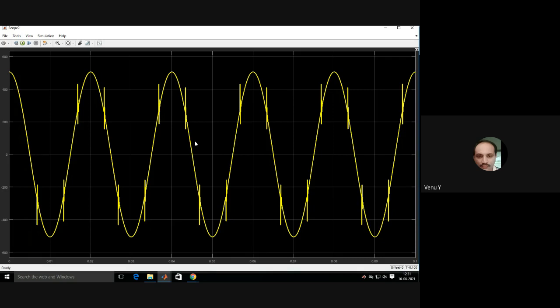It is nearly sinusoidal with some spikes. Due to switching action, you'll get the spikes. You have some transients, so you may not get a pure sine waveform.